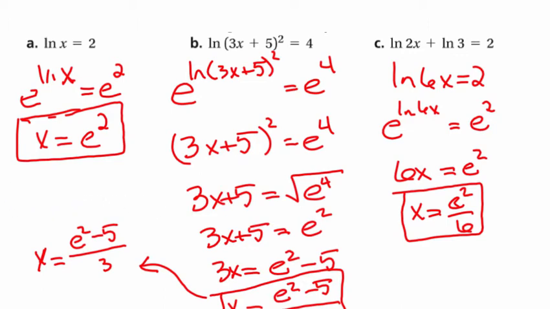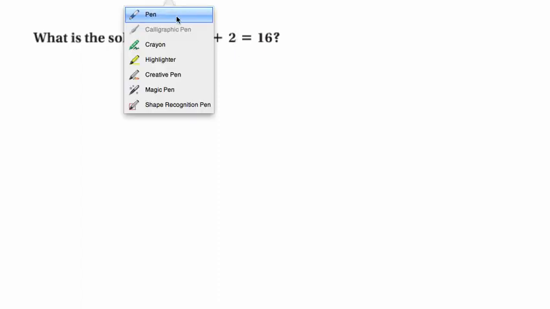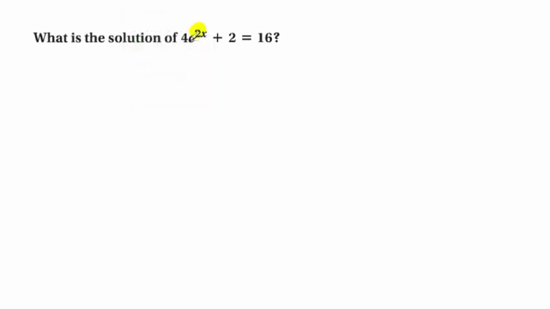All right, the other thing we could have to do is break down an e function. I'm going to show you how to work an example like this. The first thing I'm going to do is isolate this right here. I'd rather highlight, so with the highlighter, I want to isolate this.